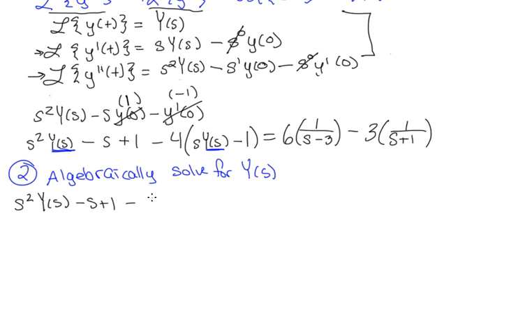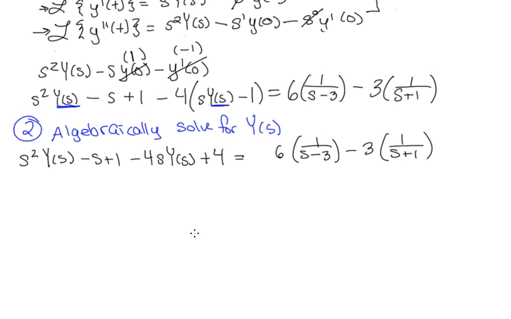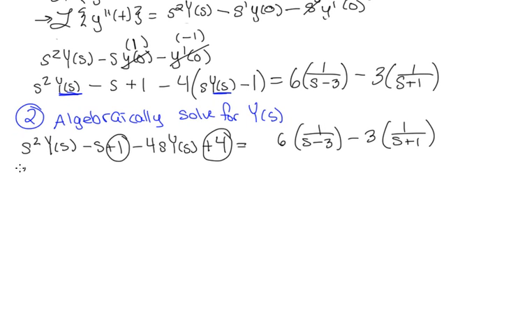Let's distribute that 4 in, so then negative 4 s Y of s plus 4 equals, and then we have a plus 1 and a plus 4, that's just going to give us plus 5.